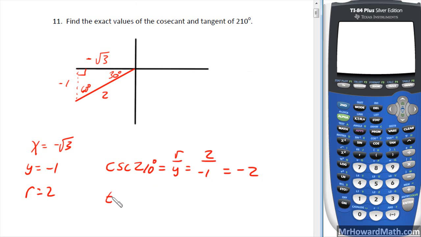And tangent of 210 degrees, in terms of x, y, and r, it was y over x, so it would be negative 1 over negative square root of 3. These two negatives cancel. We would want to multiply by square root of 3 over square root of 3 here to rationalize that denominator. So we would get square root of 3 over 3, and that is question 11 all done.